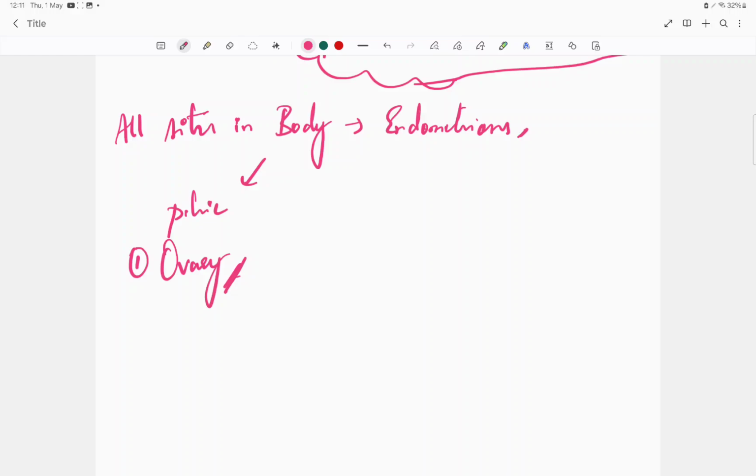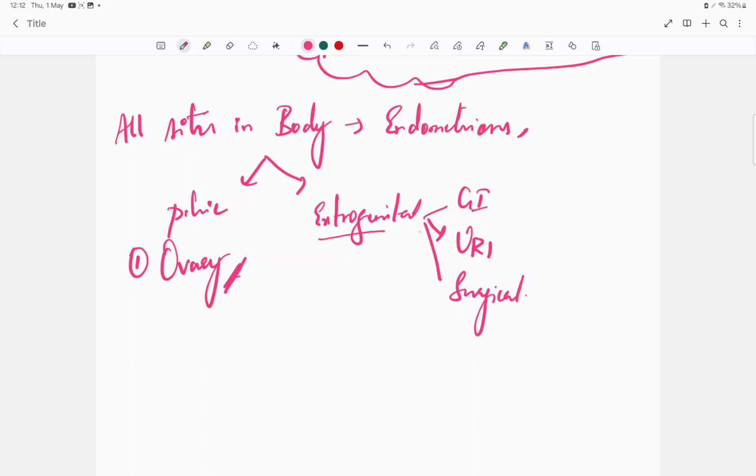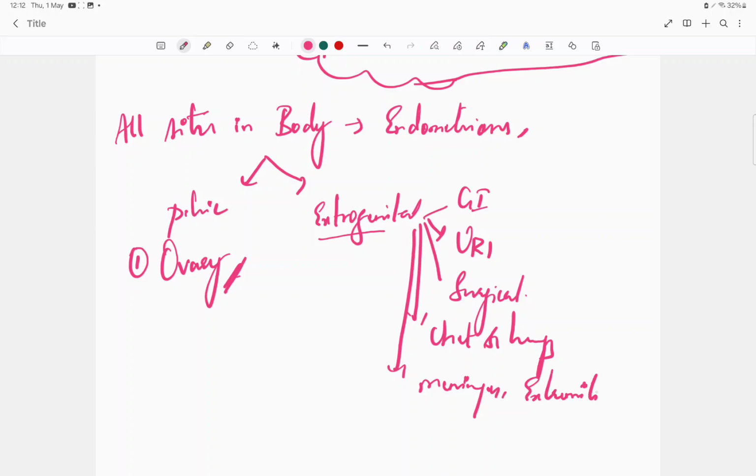In the rest, the extragenital region, it includes GI tract, urinary tract, surgical scars like previous LSCs, chest and lungs, and even distant sites like meninges, extremities, etc. But the important MCQ is this one: most common site is ovary.